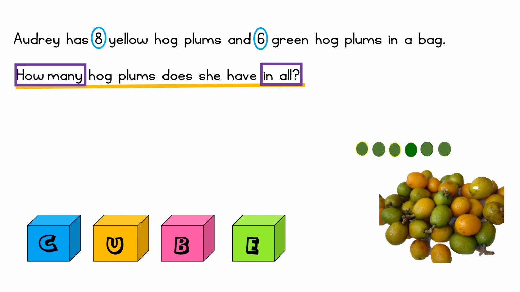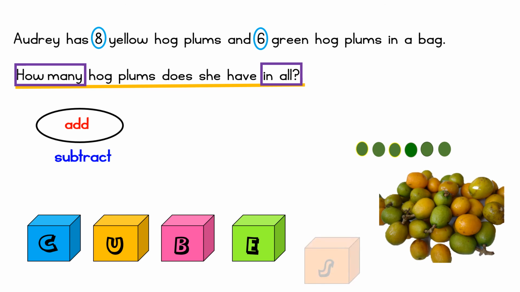We know that there are 8 yellow hog plums and 6 green hog plums. What we need to know is how many there are when we put them together in all. The key words or the math action words in all tell us that we are combining or putting together, so we will add.